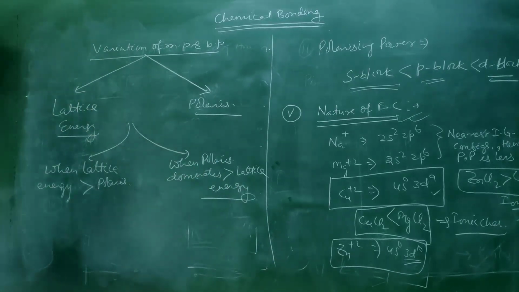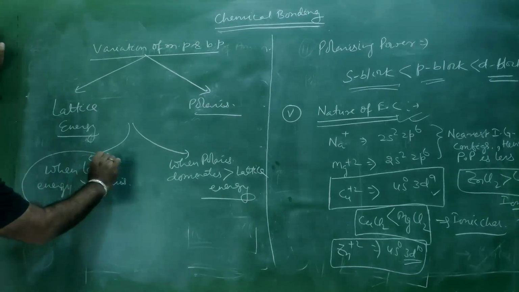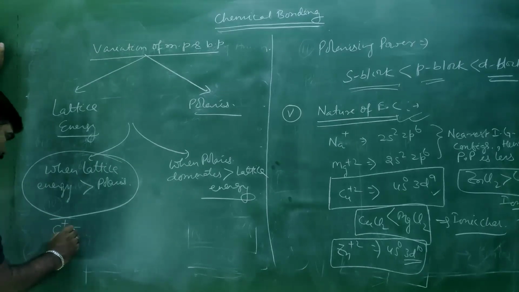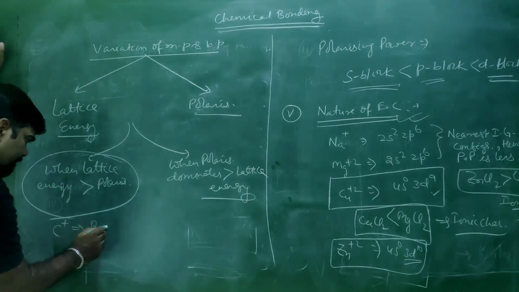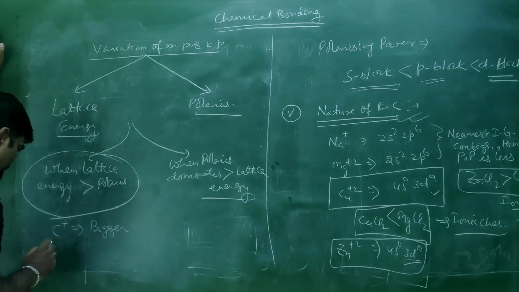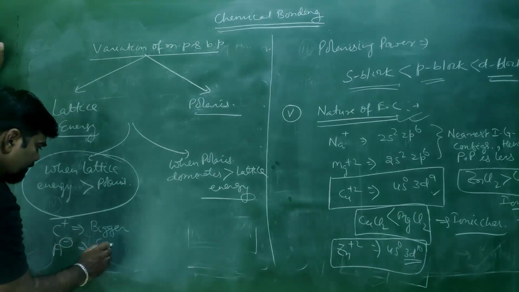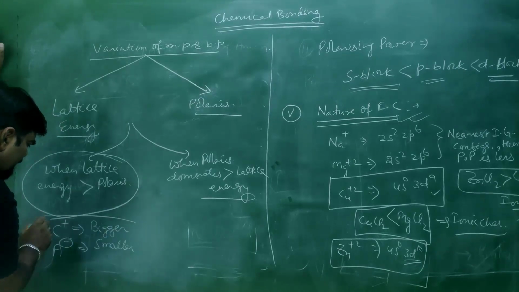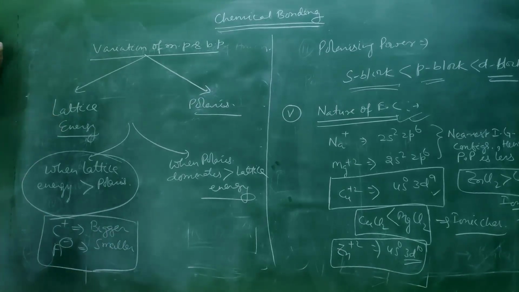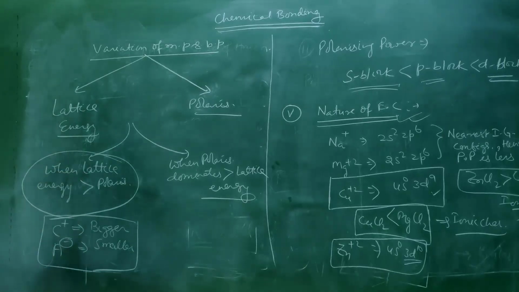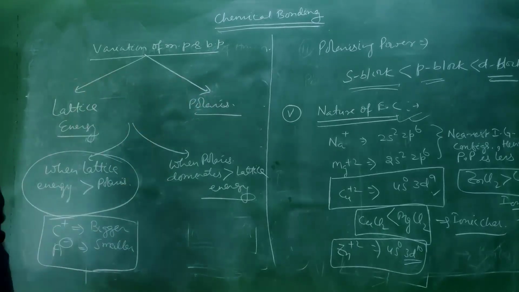Lattice energy will be dominating if the cation is bigger and the anion is smaller, when polarization is negligible.